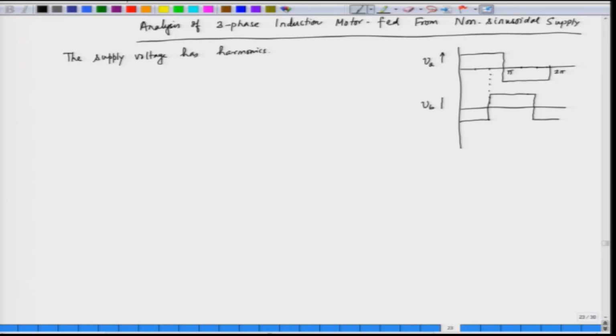This is phase B voltage and the x axis is omega t. What about phase C? Phase C will be shifted from phase B by 120. So, in that case phase C will start from this point.